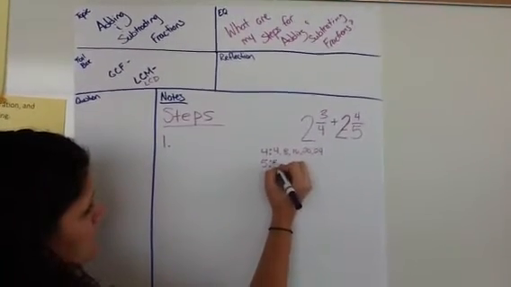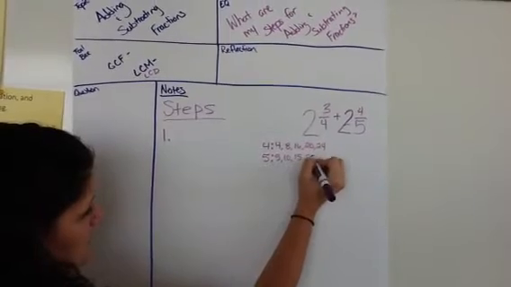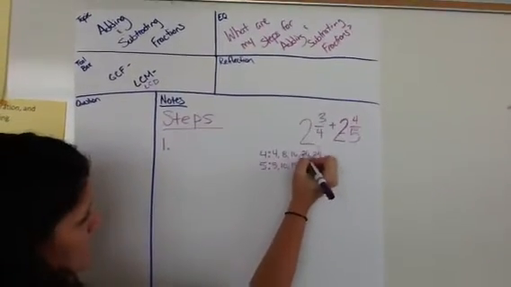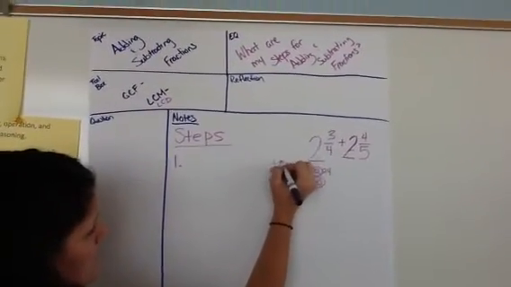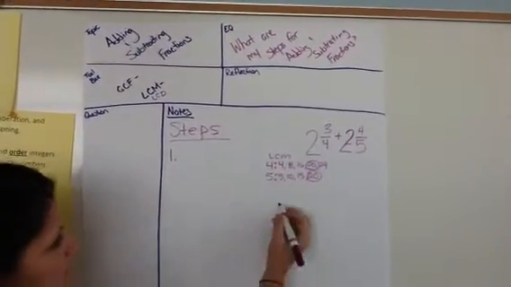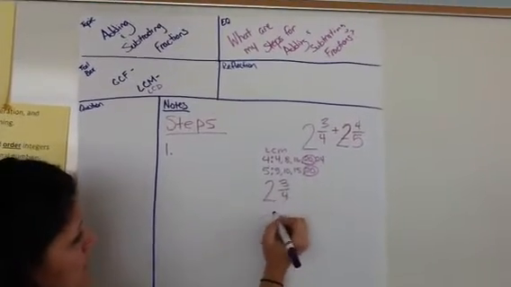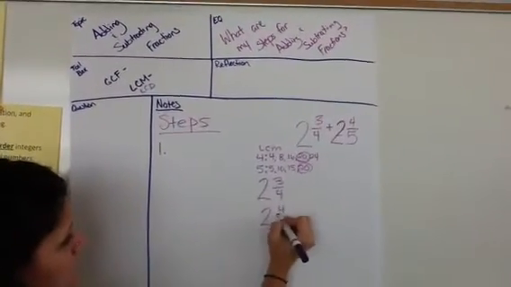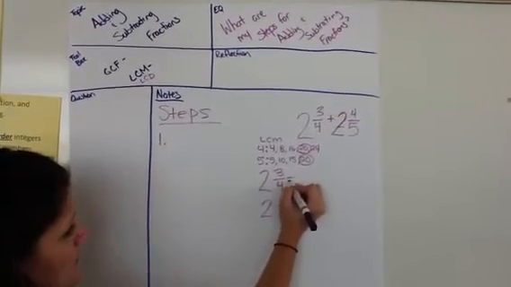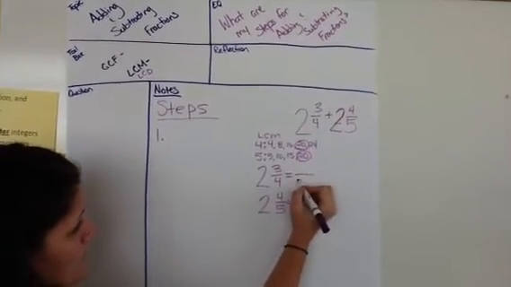For 5, 10, 15, 20, and I can stop there because I found one. So this is my LCM, and I'm going to use that as my denominator. So I'm going to rewrite my mixed numbers, 2 and 3/4 and 2 and 4/5, and use the LCM that I found for my equivalent fractions.